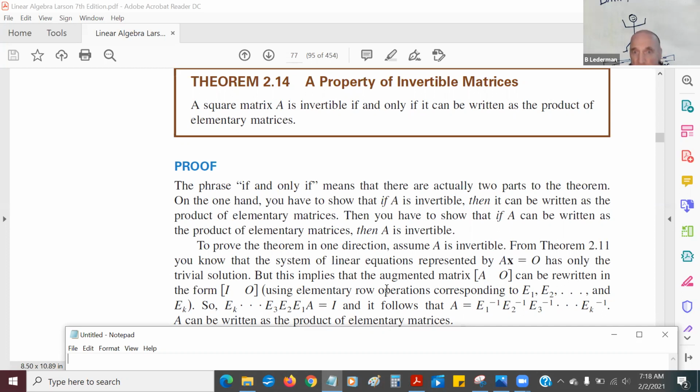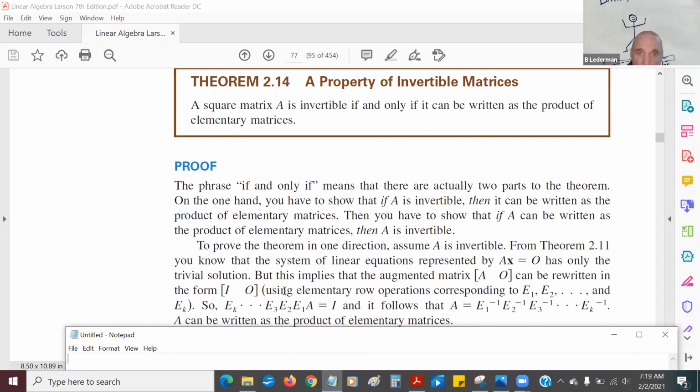Now, what we've been learning in this section is that the elementary row operations correspond to elementary matrices, E1, E2. Whatever I did first, that's E1. Whatever I did second, that's E2. Whatever I did next, that's E3, up until EK, whatever number of steps K I had to do to get A to look like I. So if I start with matrix A and multiply by E1, that's the same as doing the first operation.